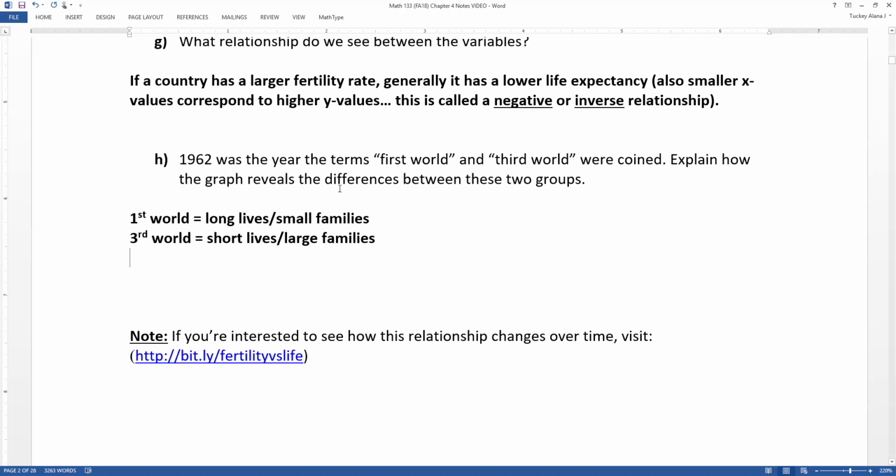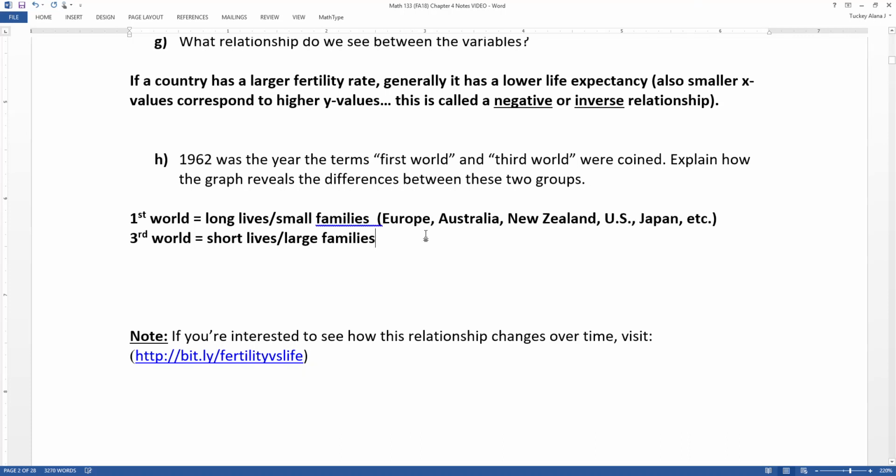So the first world was supposed to be the Europe, Australia. This is 1962. So Europe, Australia, the U.S., New Zealand, those kinds of countries, and probably Japan, Singapore, those ones. And then in the third world countries, because I don't mean to imply that it's only non-Asian countries, because there are actually several Asian countries in that group as well.